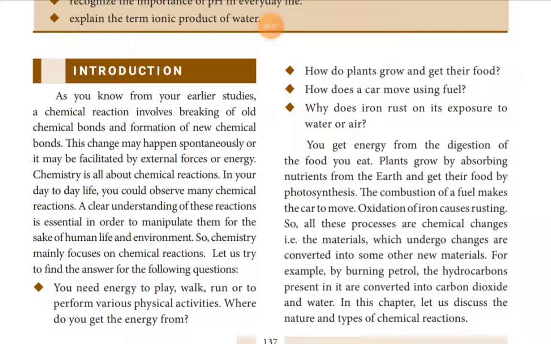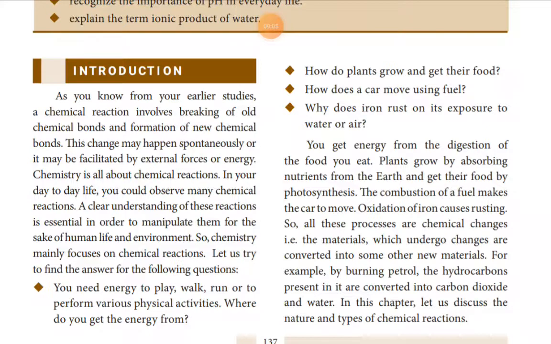Why does iron rust on its exposure to water or air? What takes place when an iron piece is exposed to water or air? Oxidation takes place. In the previous class, in the periodic classification of elements, we learned what rust is and how rust is formed.